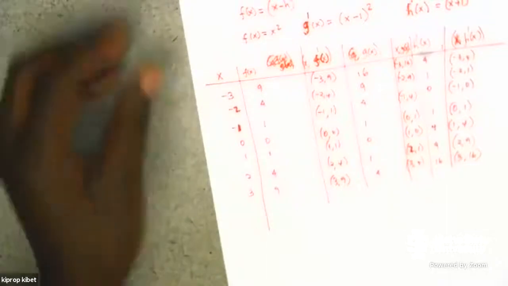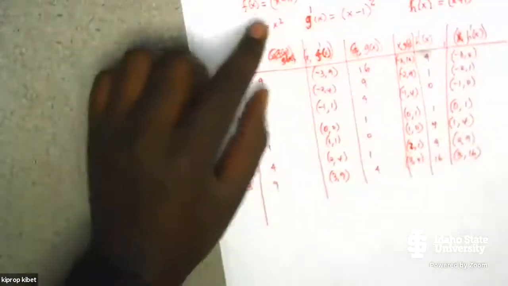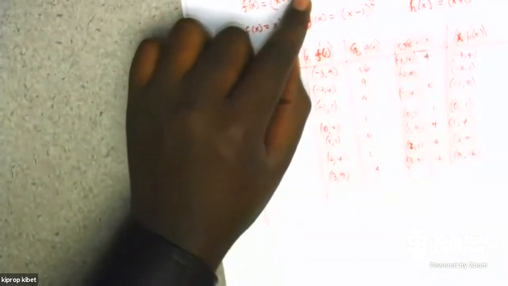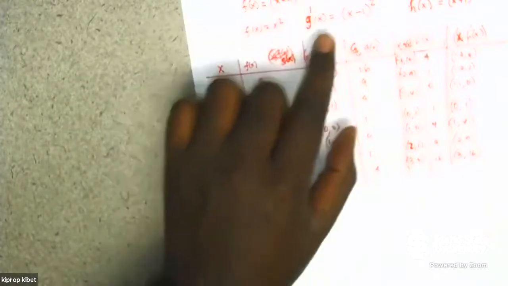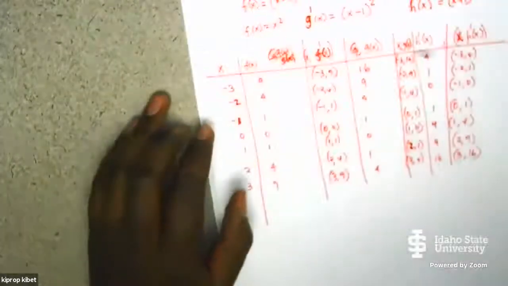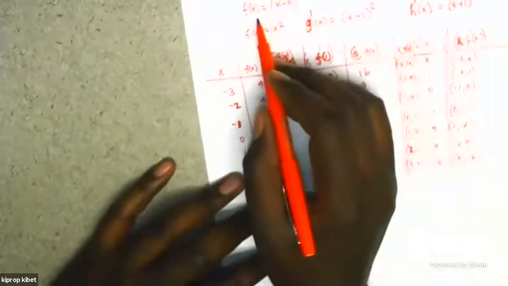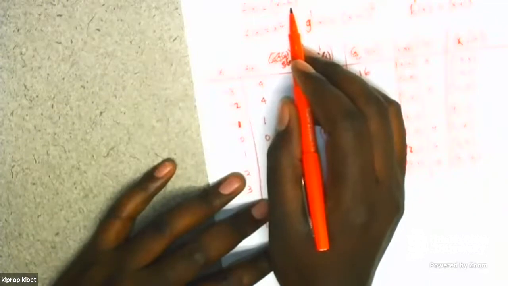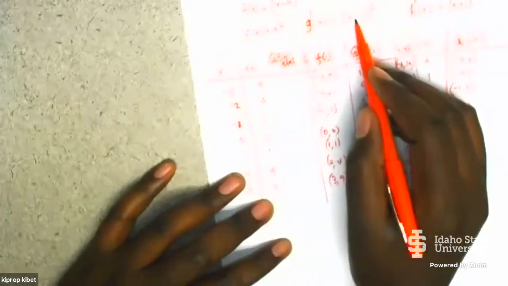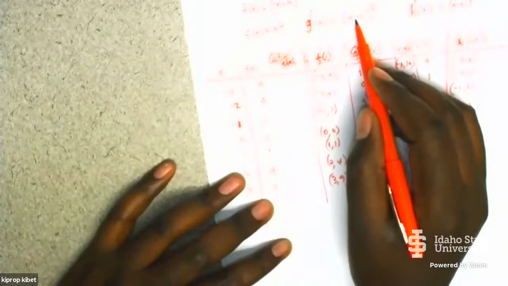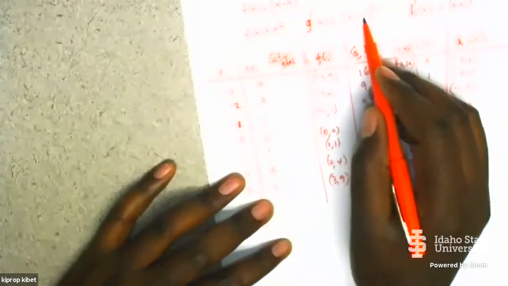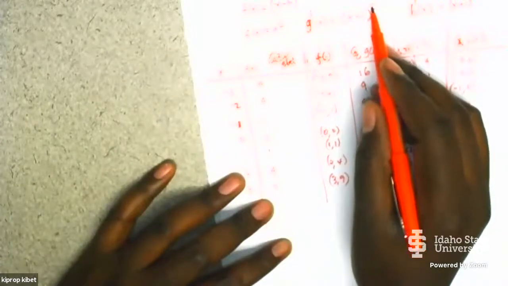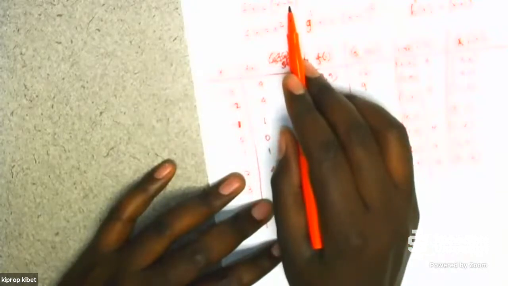if we have this function f of x equals x minus h and then square, looking at this formula, f of x equals x minus h. When we have x minus 1 and then we square, what does it mean here?